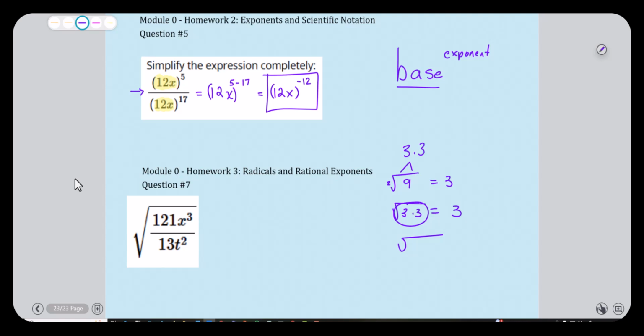So let's say we had the square root of 27, and I know 27 is 3 times 3 times 3. Those timetables are coming back to help you, right? I pull 2 out, becomes 1, and I have 1 left under that square root. All right, so that's kind of how these square roots work.